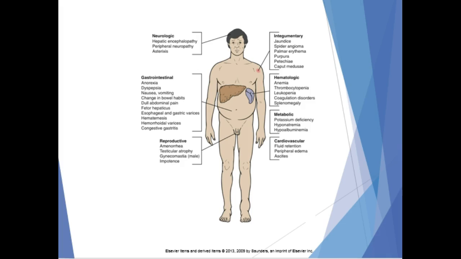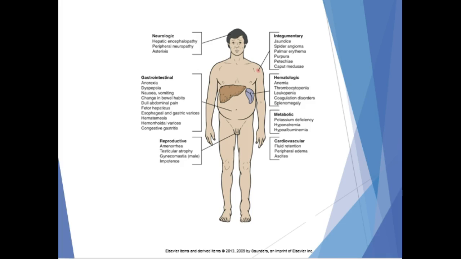As far as reproductive goes, amenorrhea, testicular atrophy, gynecomastia, and impotence. Under integumentary, you'll see jaundice, spider angiomas, palmar erythema, purpura, petechiae, caput medusae.